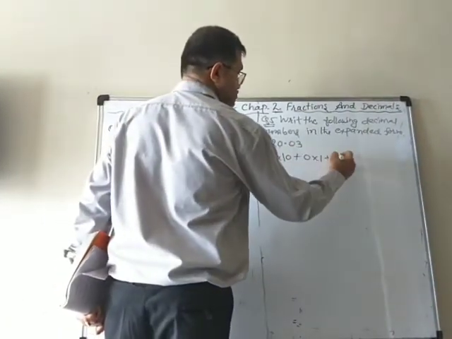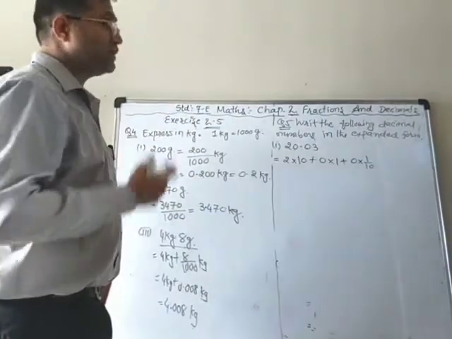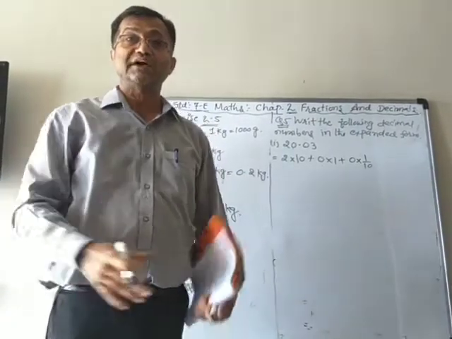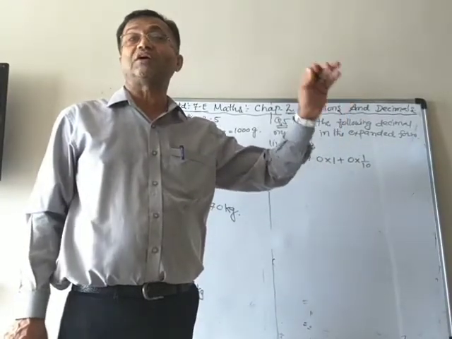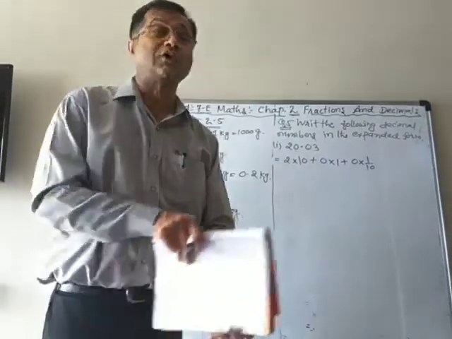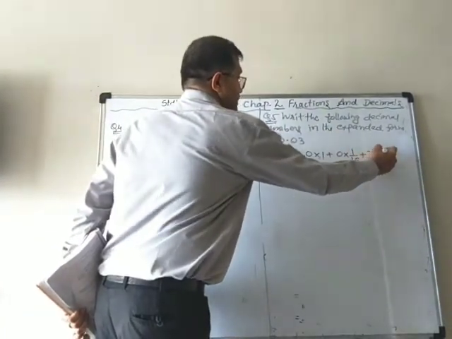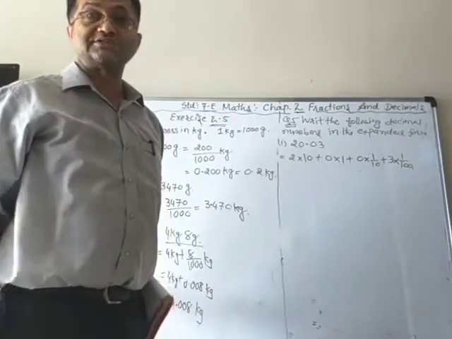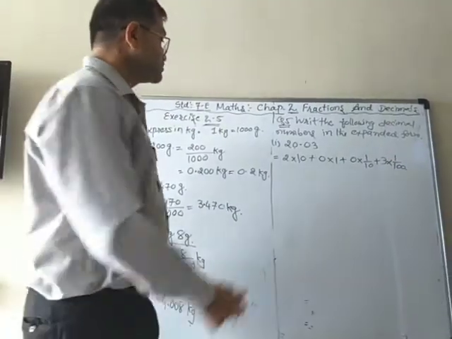Plus 0 into 1 upon 10, because yesterday we learned in the decimal place value chart that after the point, on the right side, first is the tenths place, so we multiply by 1 upon 10. And the last one is 3 multiplied by 1 upon 100 because it is the hundredths place.